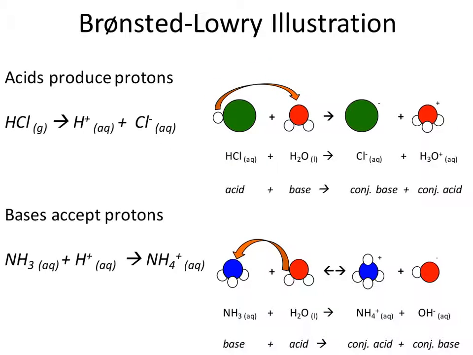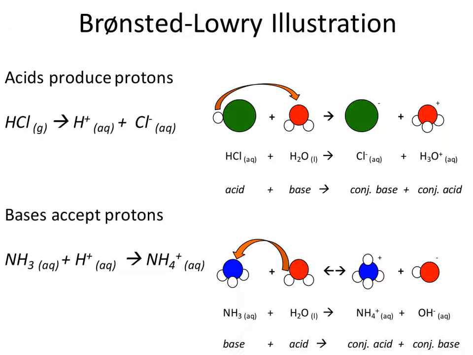Now, for an acid to be an acid, it has to have a base. So it has to donate this to something. If there's no base, this can't be an acid. If there's no acid, this can't be a base. They have to have one and the other for that interaction to happen. So this HCl, this hydrogen, is being given to the water, which is acting as a base because it's accepting the proton. And what you can see, we form something called a conjugate acid and conjugate base.